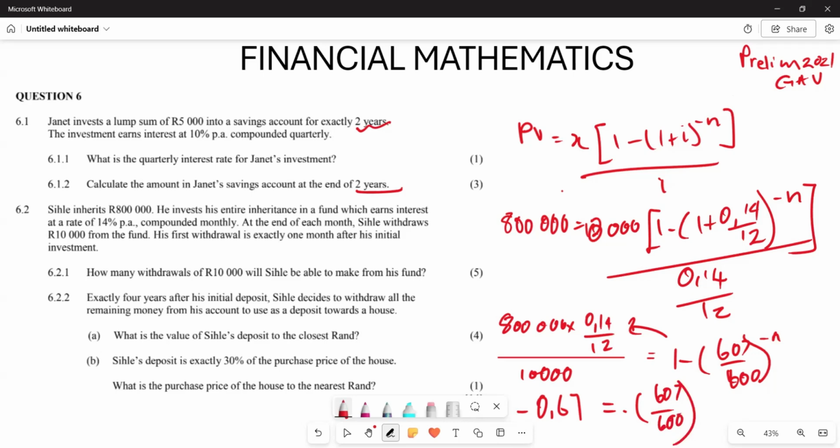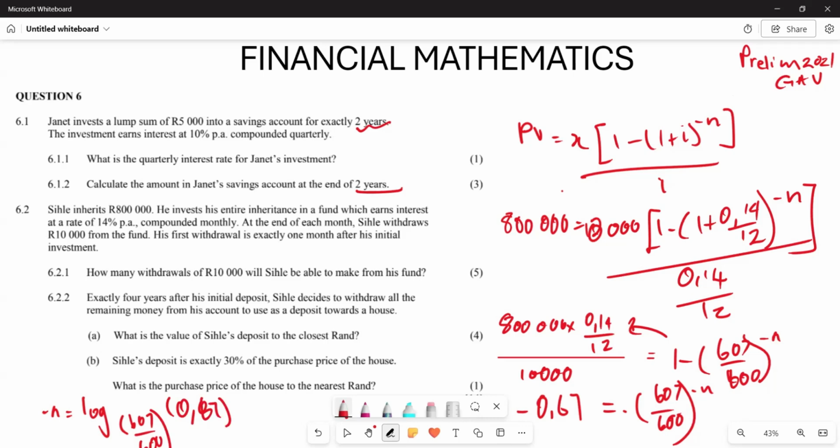Now you are just going to divide by the negative. Remember this is to the power of negative n, which means your n is going to be the negative log base 607 over 600 of 0.67.